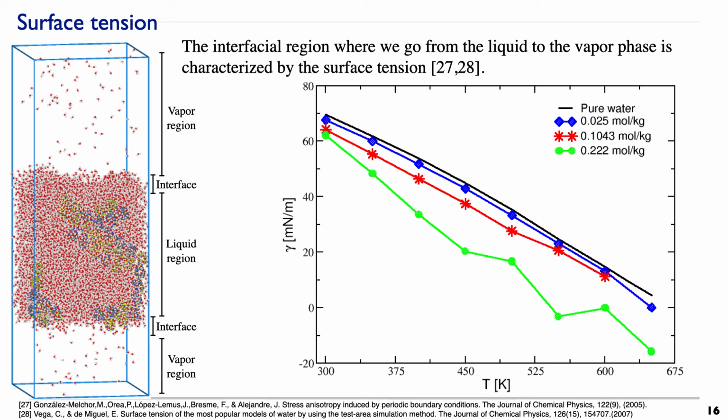We also calculate the surface tension, given in terms of the normal and tangential components of the pressure tensor. The direction normal to the interface is the z axis.